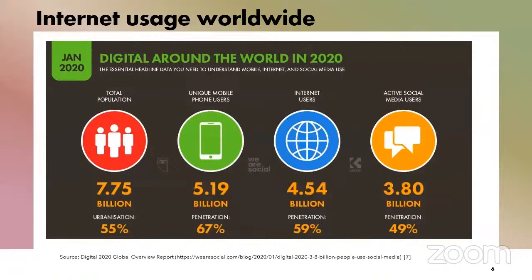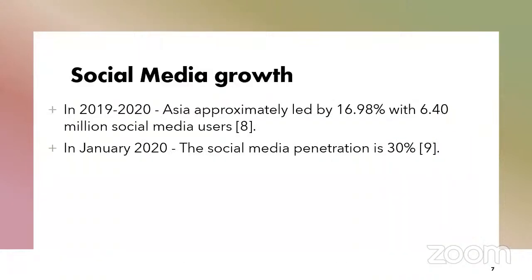There is a massive increase in internet users. Internet usage has increased worldwide to 4.5 billion from the total population of 7.75 billion by the middle of 2020. The social media growth in 2019 to 2020 is led by Asia, approximately 16.98% with 6.4 million social media users.